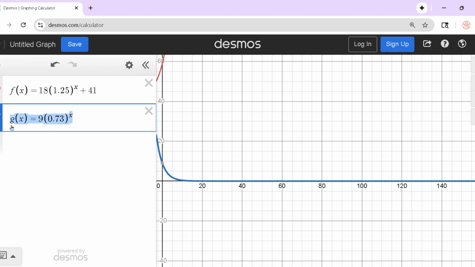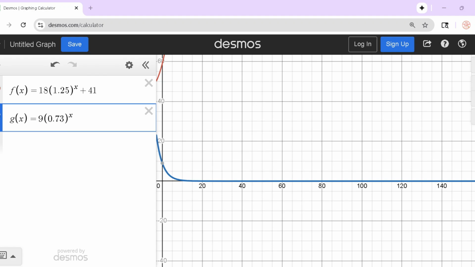Is 9 anywhere in here as a plain number, as a constant or coefficient? Yes, it is. Right there. So f of x does not have a maximum, so there's no number to compare to see if the maximum matches any of its constants or coefficients, because the maximum doesn't exist. And then here, the maximum does exist. It's 9, and sure enough, there is a 9 right there. So g of x is the only one.